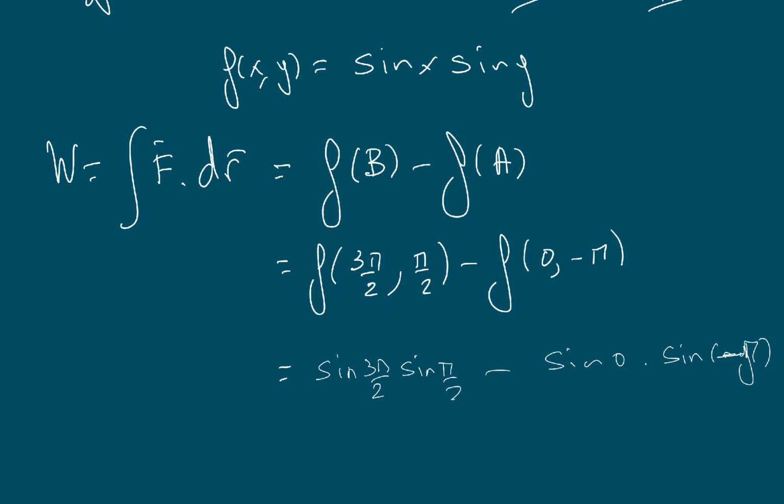Well, sine of minus pi and sine of 0, this is 0. And sine of 3 pi divided by 2, this is minus 1. And sine of pi divided by 2 is 1. So the total work is 1 joule.